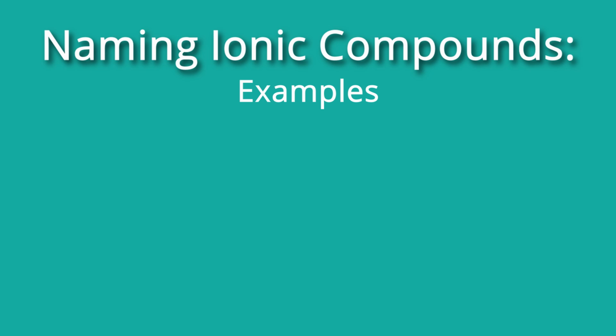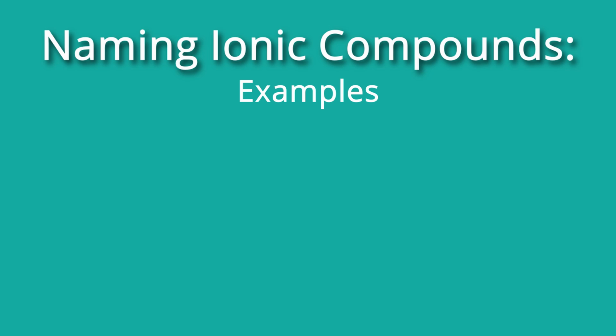It's always going to be between the alkali or alkaline earth metals, and then a non-metal. So a good example of this would be a combination of lithium and fluorine. Like we were talking about before, it always starts with the cation first, and then the anion.